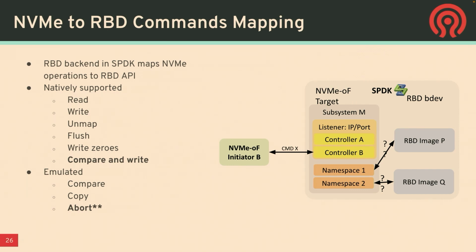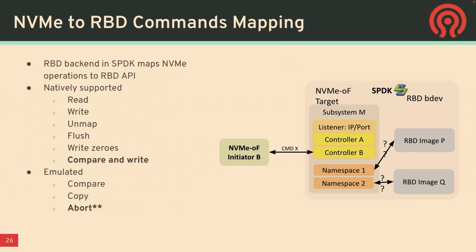So how does the mapping look from NVMe to RBD? Some of the commands were easy. We have them in RBD. Others we didn't have, and we need to emulate them in SPDK. So we have read and write natively in RBD. Unmap maps to discard in RBD. Flush we have in RBD. Write zeroes we have in RBD. Compare and write we have in RBD. It was actually emulated in SPDK, and the reason it was emulated is because it was limited.